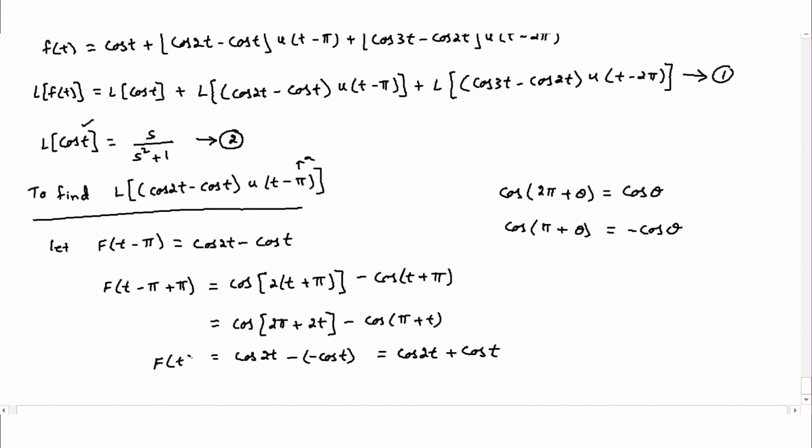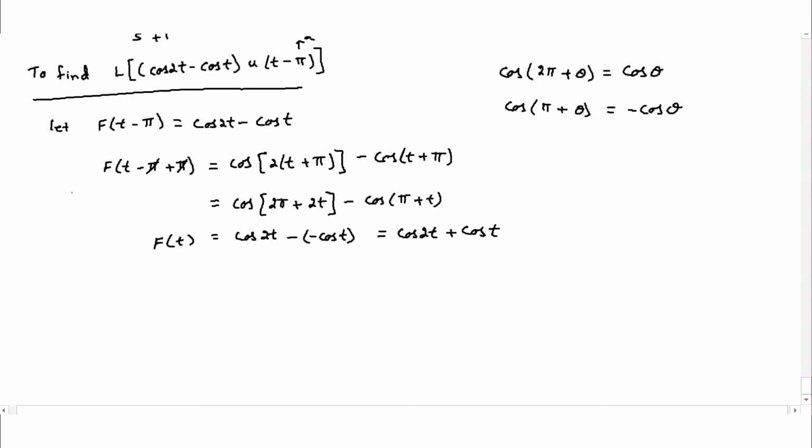This is f of t, because the negative pi and positive pi will cancel out. I need to take the Laplace transform. So the Laplace transform of f of t will be nothing but the Laplace transform of cos 2t plus the Laplace transform of cos t.